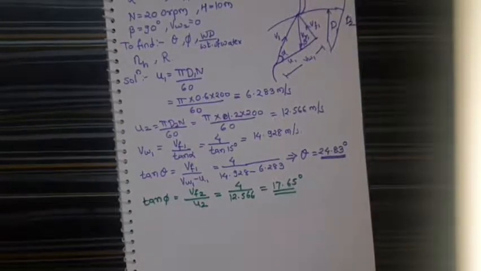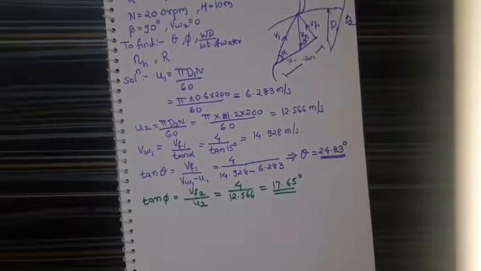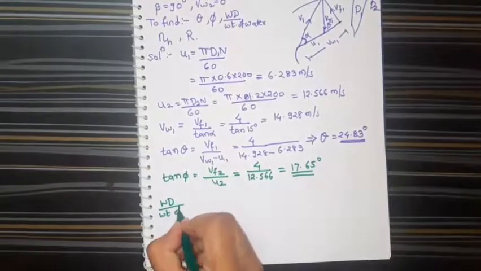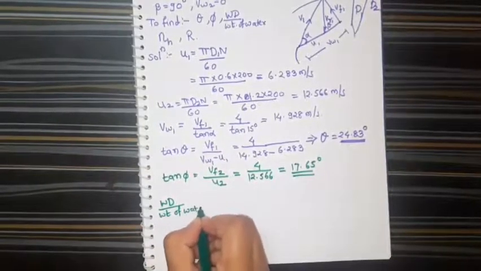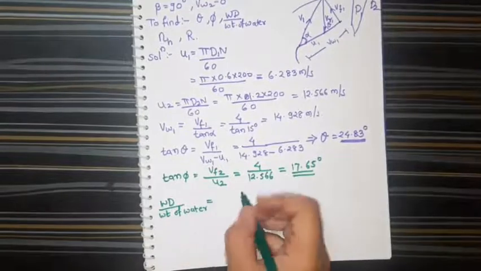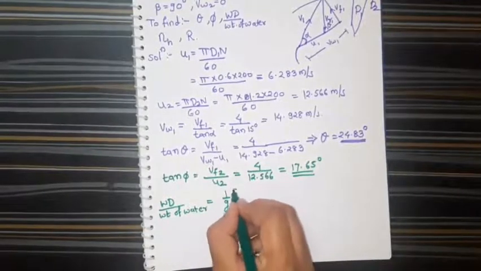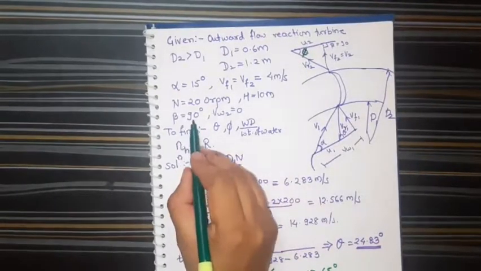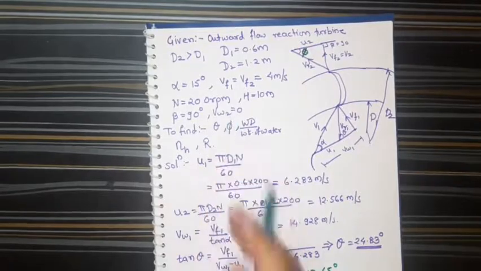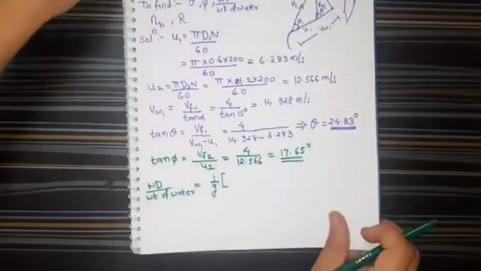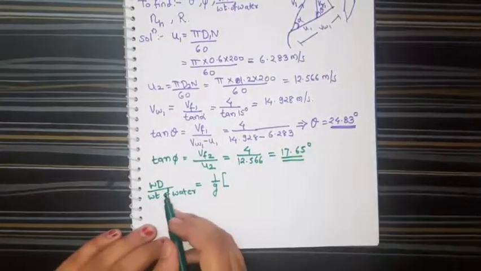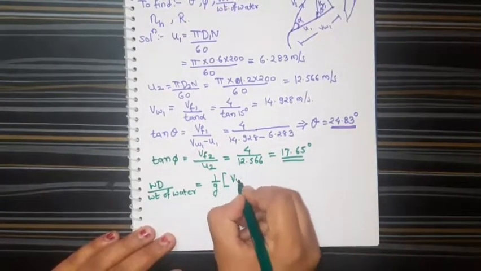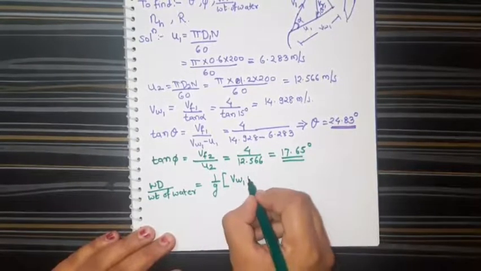Let's move to the work done per unit weight of water. Now work done is equal to 1 by g. Here beta is 90 degree, that means Vw2 is 0. So the value of the work done per unit of Newton of water, or per weight of the water, will be equal to 1 by g Vw1 u1.